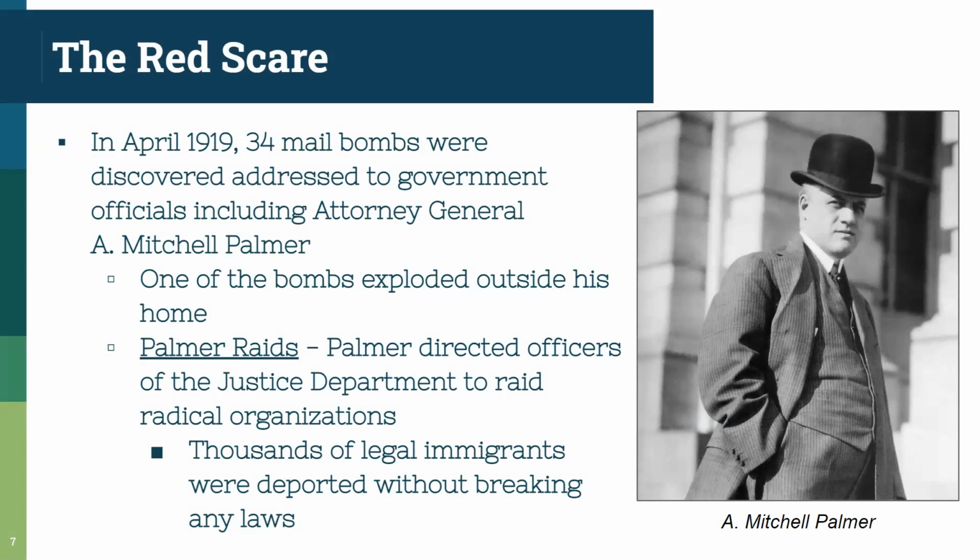An Attorney General is a position that is pretty much the top law enforcement officer of the national government. A bomb exploded right outside of his home, and he took it very personally. And he, along with others, accused the Unionists and revolutionaries of being behind these bombs. Now, we don't actually know where the bombs came from, but that's who was accused of doing it.